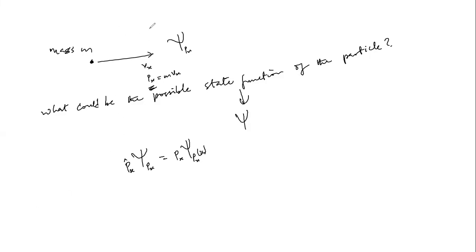Now, if we have this put in place, then from postulate 2, corollary 2, we have that p sub x hat is the same as minus j h cross d/dx, and p hat sub y is the same as minus j h cross d/dy, then p sub z hat is the same as minus j h cross d/dz.